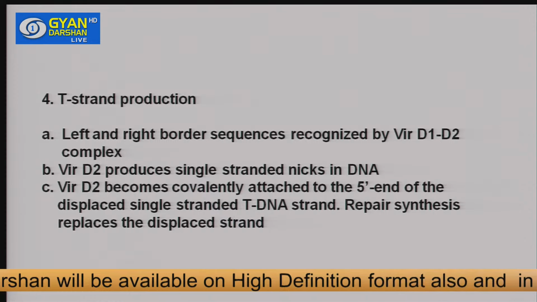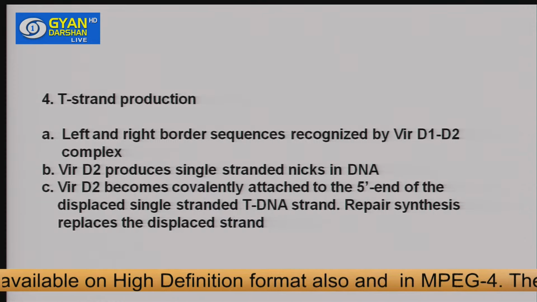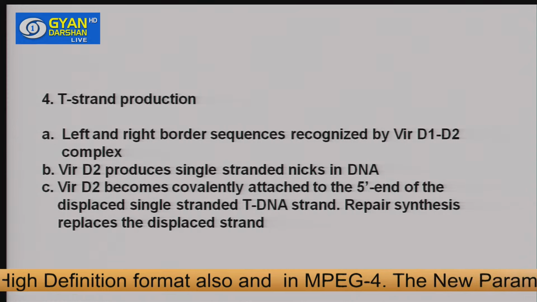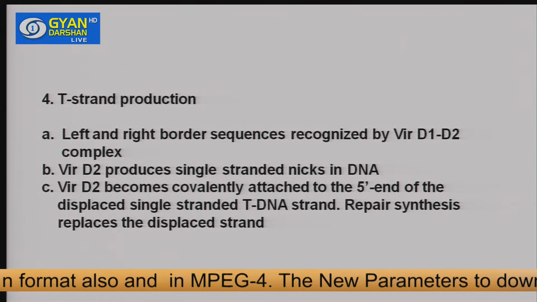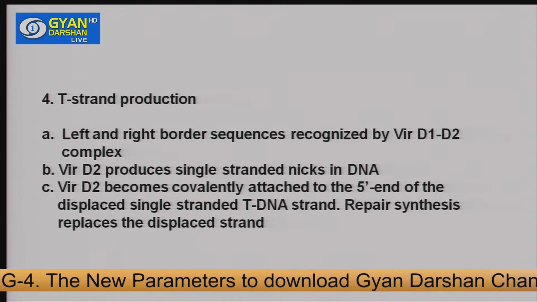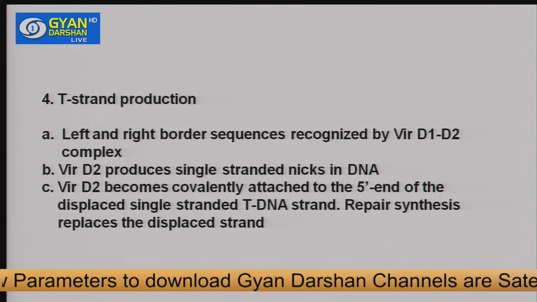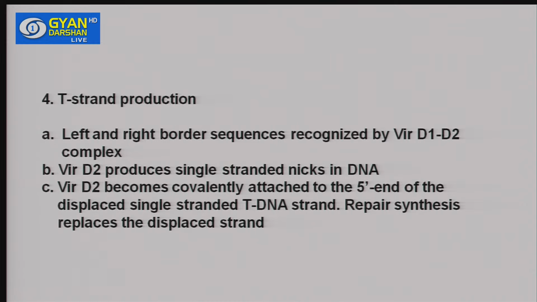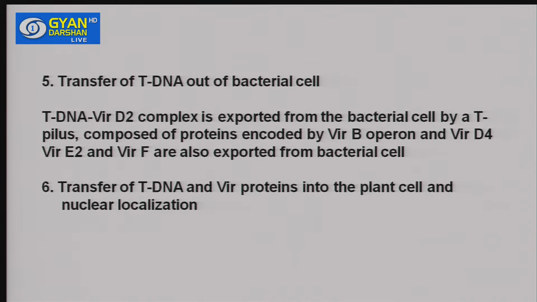Then there will be single-stranded nicks at the VirD2 locus, and VirD2 becomes covalently attached to the 5' end of the displaced single-stranded tDNA strand, and several other Vir proteins bind. Several Vir proteins form the transfer apparatus, and so on.